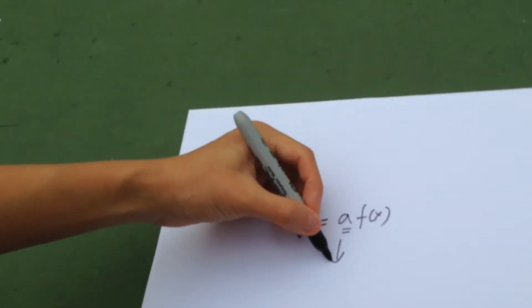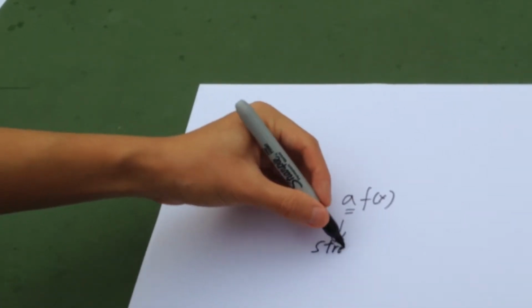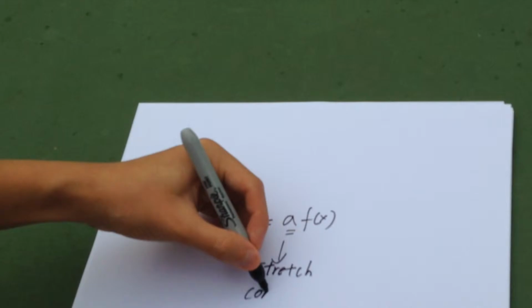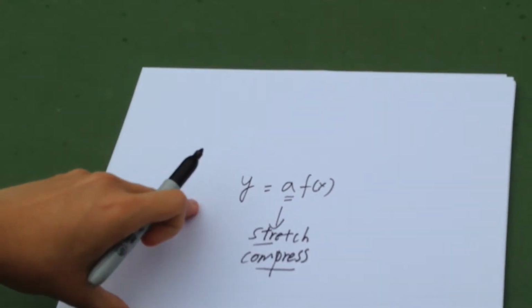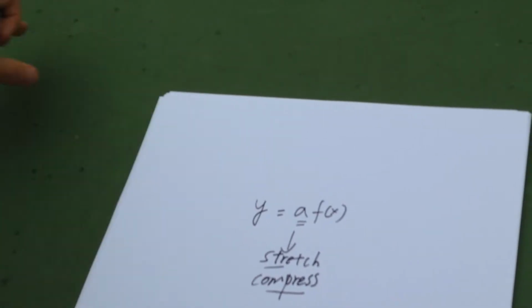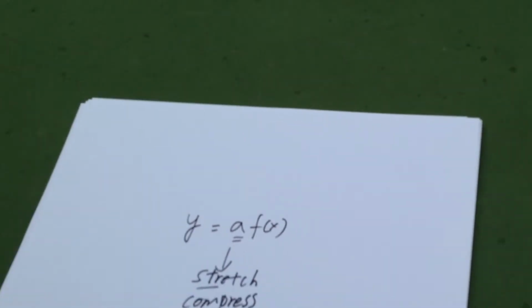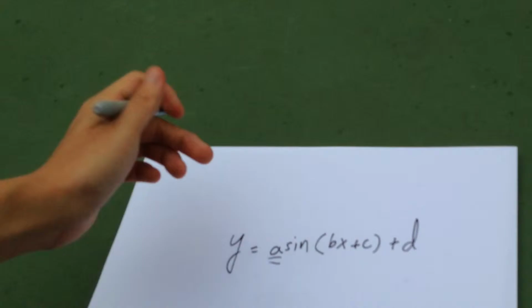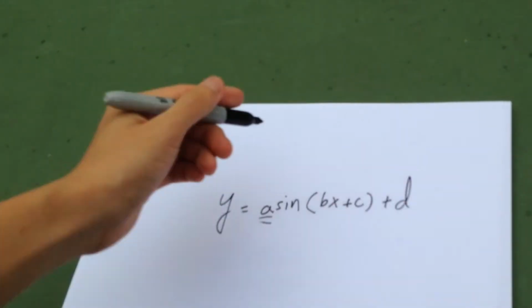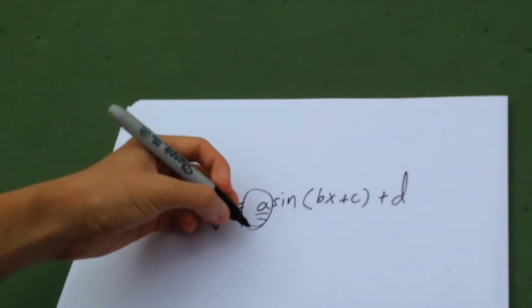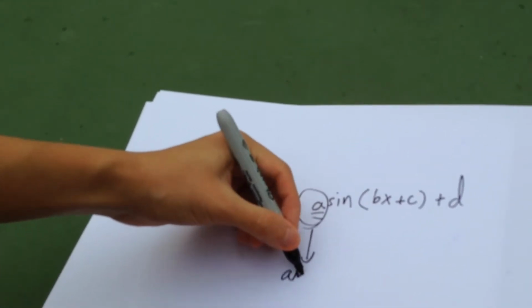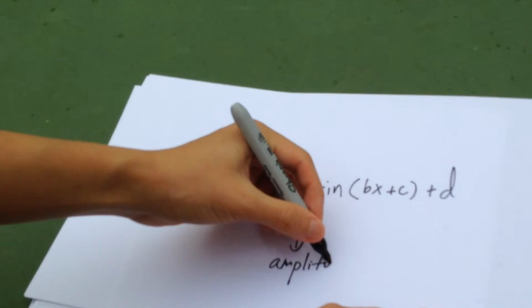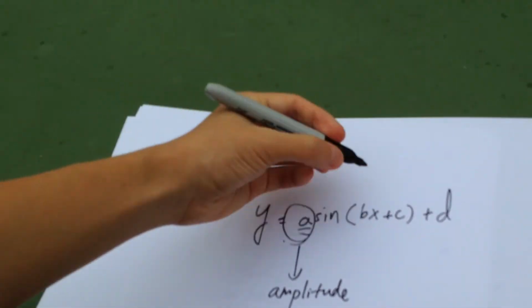So this a here will actually stretch or compress the graph. Make sense? That's common sense. So if we're talking about y equals a sine of bx plus c plus d, this a has the same effect. It determines the amplitude of the graph.